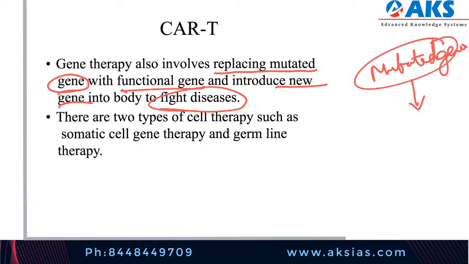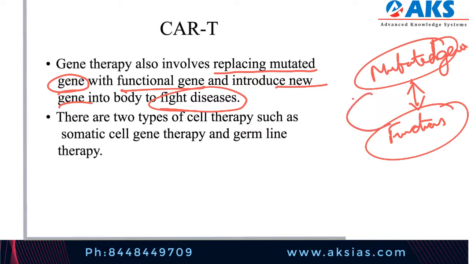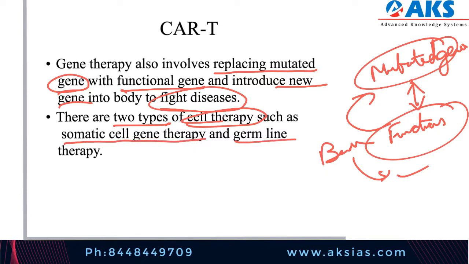This can be removed from the body and a functional gene can be introduced, and this can now fight the disease. There are two types of cell therapy that can be done: somatic cell gene therapy and germline therapy. We just have to remember that there are two types.